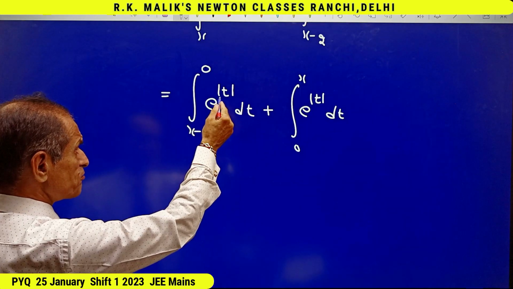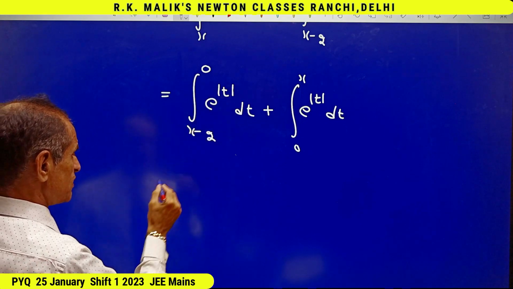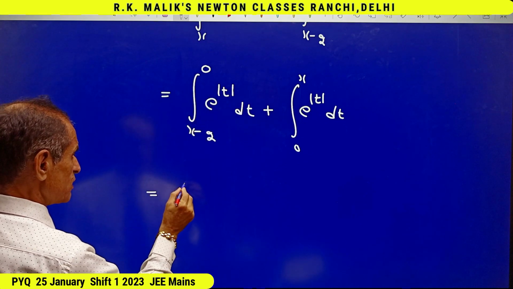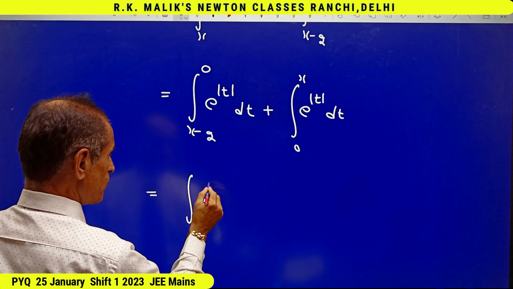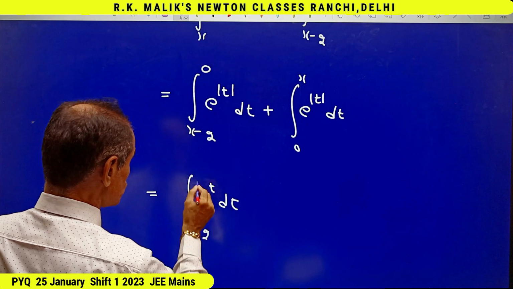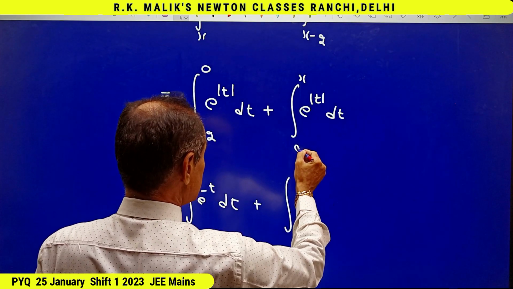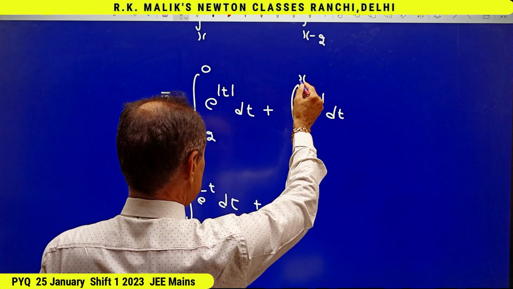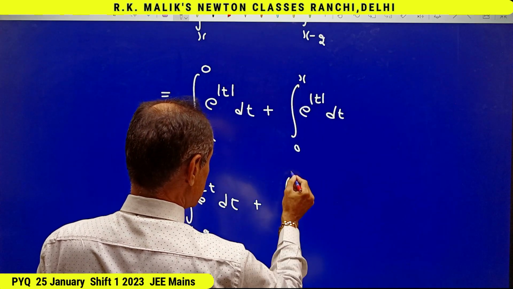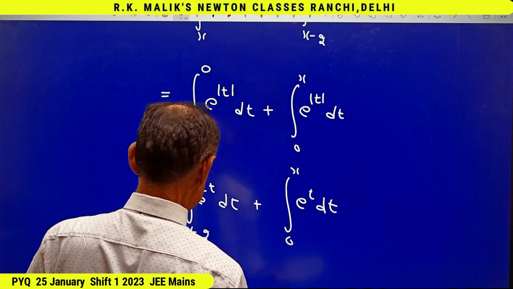And in this case, because t is lying between x minus 2 and 0, that is t is negative, hence we will be getting e power minus t dt from x minus 2 to 0, plus here t lies between 0 and x is positive, hence you will be getting the integral from 0 to x of e power t dt.